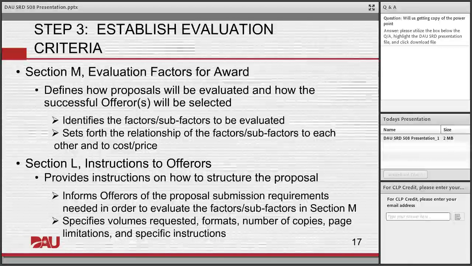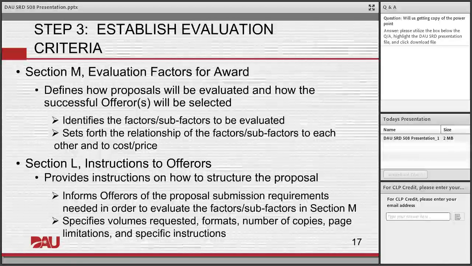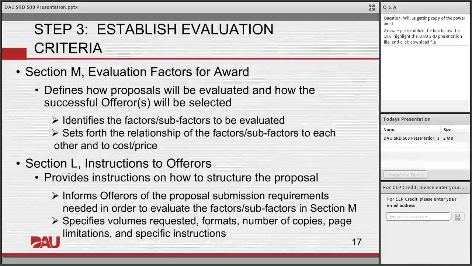And it can be identified and broken down into factors or into sub-factors even. But factors and sub-factors have to set forth their relative order of importance. And within DOD, that relative order of importance cannot be percentage. So it cannot be that the taste of the cookie is worth 60% and the look of the cookie is worth 40%. It has to be in relative order of importance. And we use adjectival terms for that.